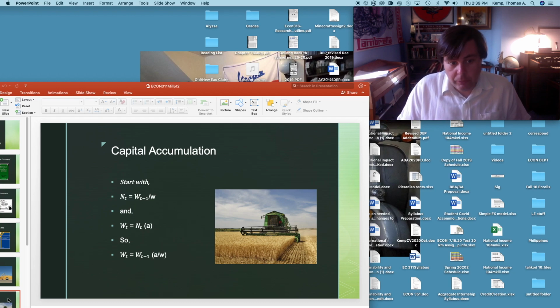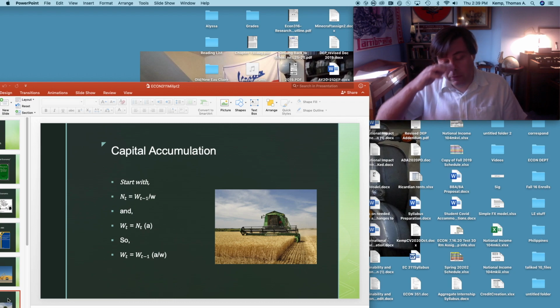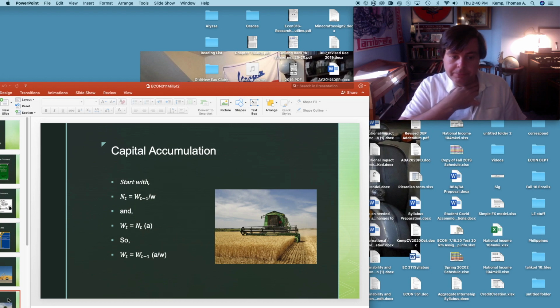And the second equation: W in the current period is equal to N, the number of workers, times A. That's what I was just talking about a minute ago. So if you have 10 workers and they produce 100 output, then A, that relationship, is 10.